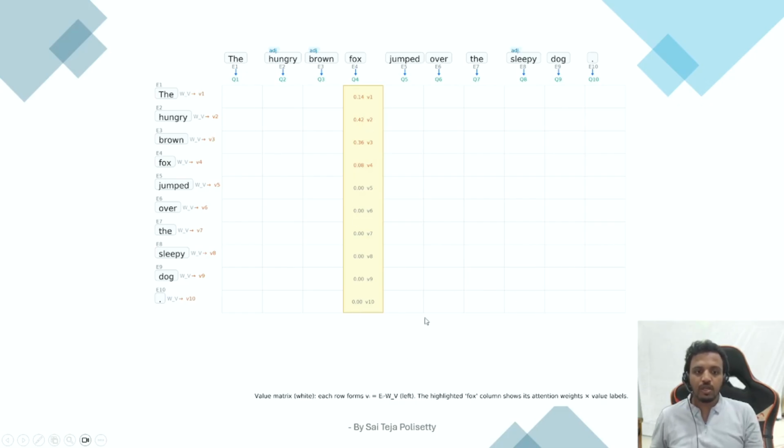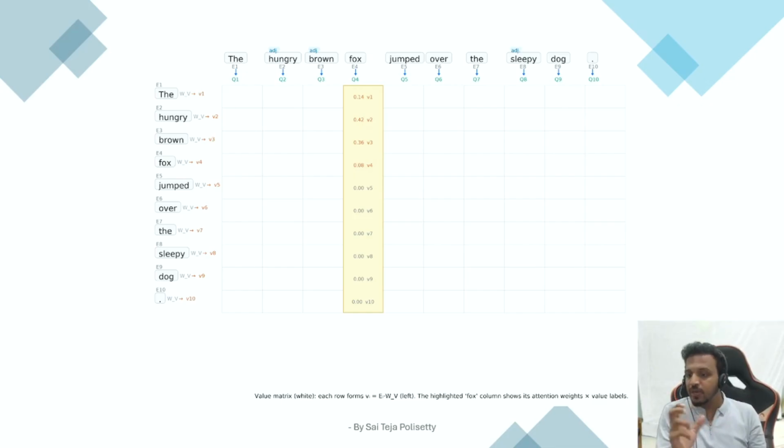That summation is nothing but the delta E. The summation gives us context 4, and that context 4 we call delta E4. It tells us what change I should make to this embedding E4 in the vector space to become more relevant to predict the next word.